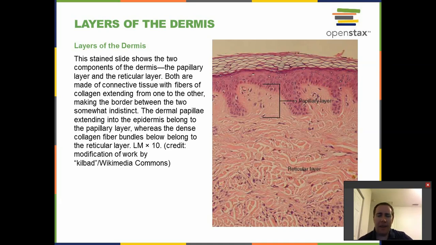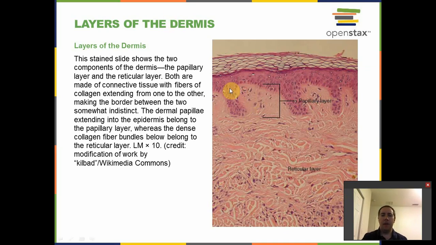And if you look at the dermis and notice the part up by the epidermis, it just looks different than the dermis down below. It's much tighter packed. The papillary layer is much tighter packed than the reticular layer down below. And you notice that the epidermis likes to stick down and the dermis likes to stick up.